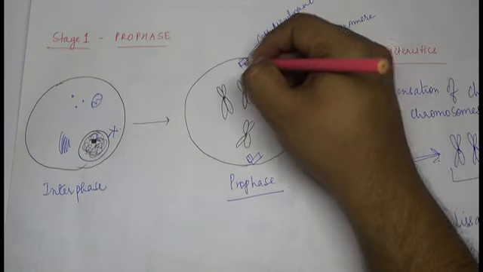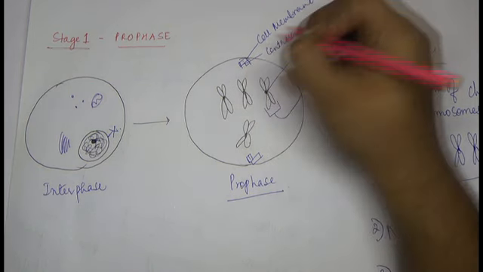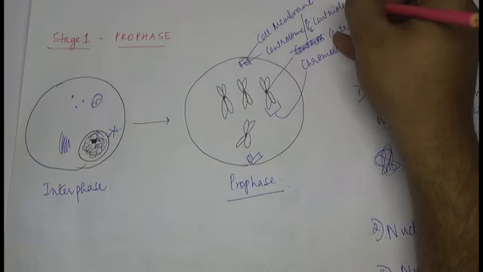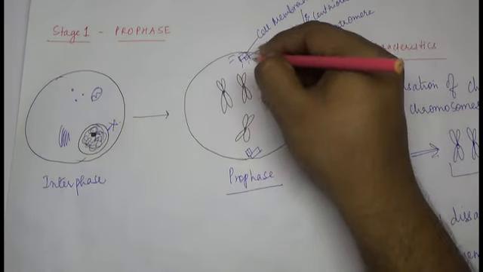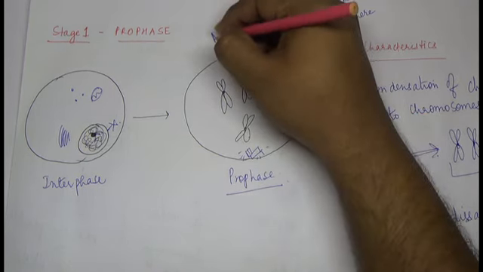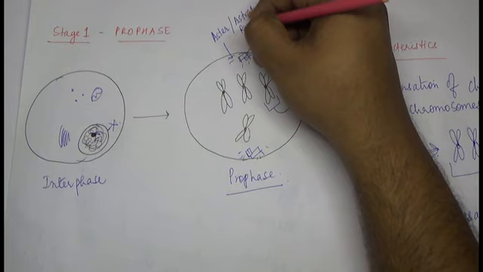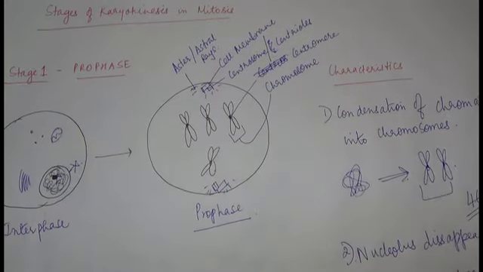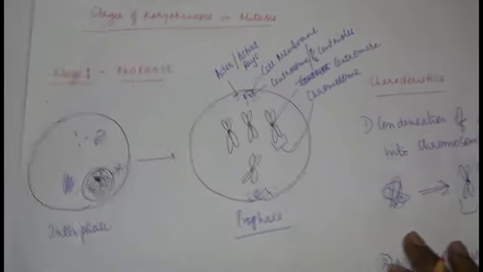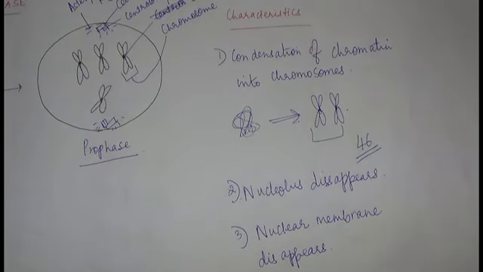We have 2 organelles called centrosome. The centrosome will have 2 centrioles. You can call it either centrosome or centrioles, your wish. And they will produce the astral rays. These rays are called aster or astral rays. Is this thing clear? So this is the diagram for prophase. Please copy it down. And these are the characteristics of prophase.